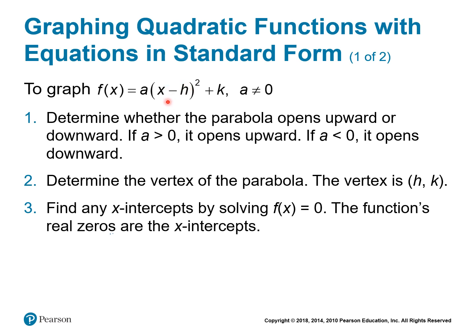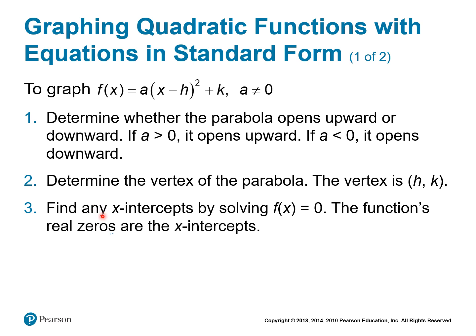When we look at a quadratic function in this form, we have to rewrite it in exactly this form, as x minus whatever h is, whether it's minus or plus. We'll go through an example of that, and it'll be more clear what I mean. So determining the vertex will give us one point on the graph.